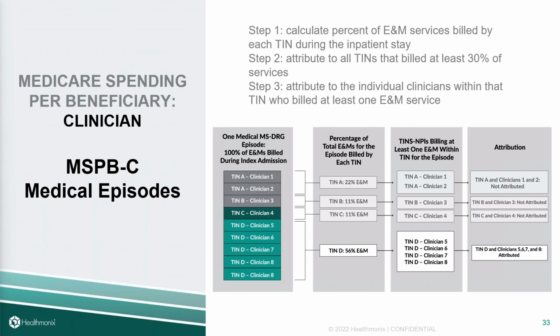I know I'm going through a lot of information here, happy to talk with people individually afterwards, but it looks at all of the claims, figures out the plurality based at 30%, and then assigns that episode to that group, and then also can assign it to the individual clinicians within that group. So theoretically, any given episode could be assigned to more than one group and definitely to more than one clinician.